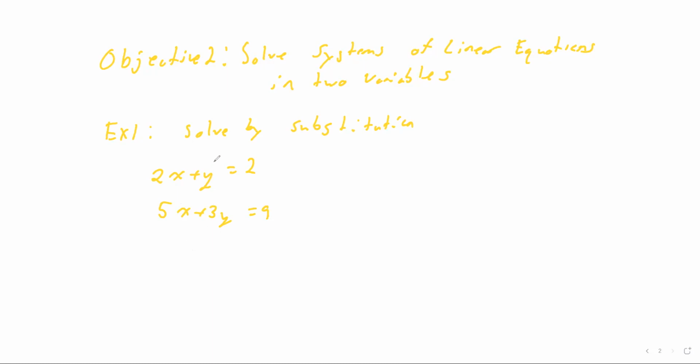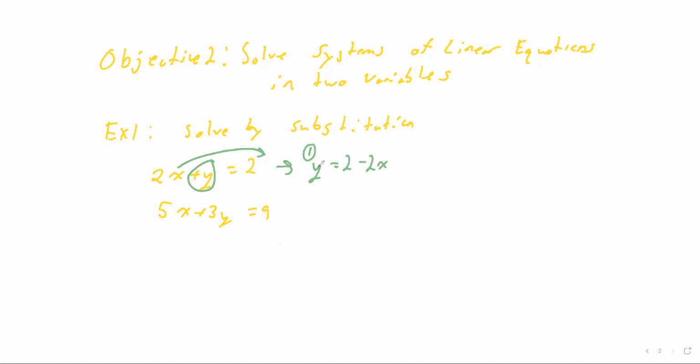So I see that y is by itself, so it must be smaller than all the rest of them. So I'm going to solve for y. And to solve for y, all I got to do is move the x over by changing its sign. So this becomes y equals 2 minus 2x. That's step 1. Step 1, solve for y.